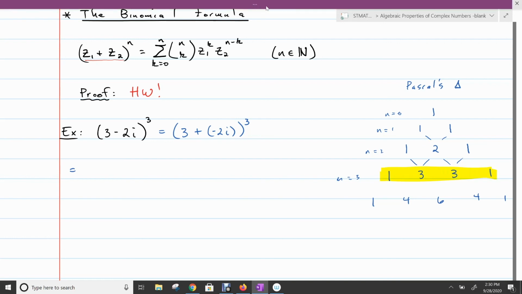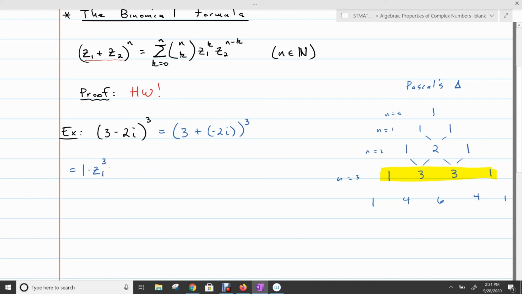So Pascal's triangle gives the binomial coefficients, it turns out. The first coefficient would be 1, and then it's times your z1 term to the maximum power. Well, the z1 here in this case is 3. That's to the third. And then you have your second term, negative 2i to the 0 power.